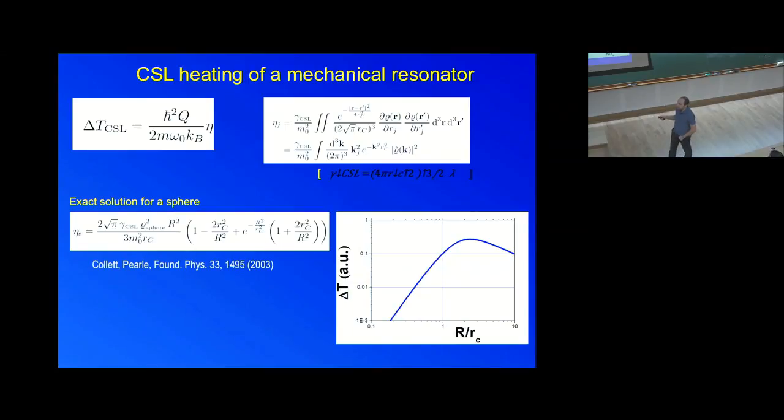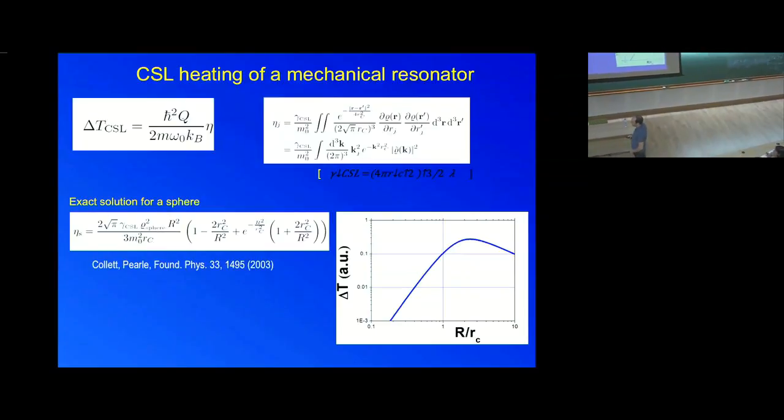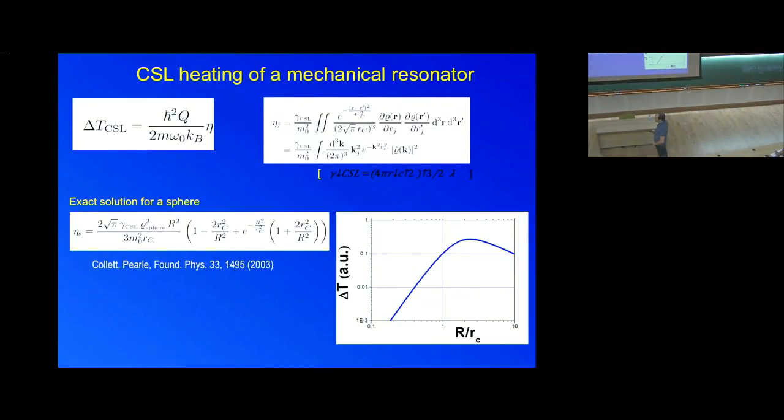This gamma is proportional to lambda in the CSL. It does not appear here, but yeah. So lambda.